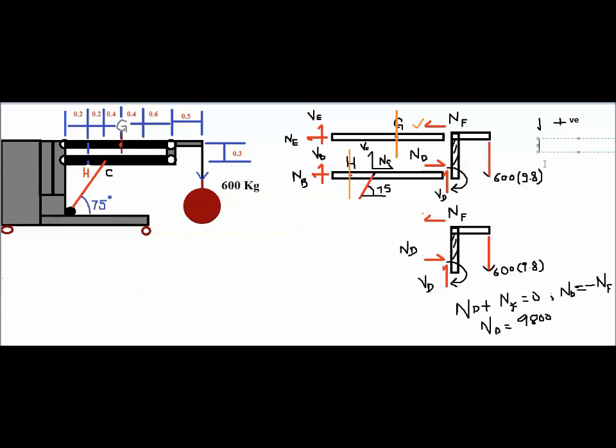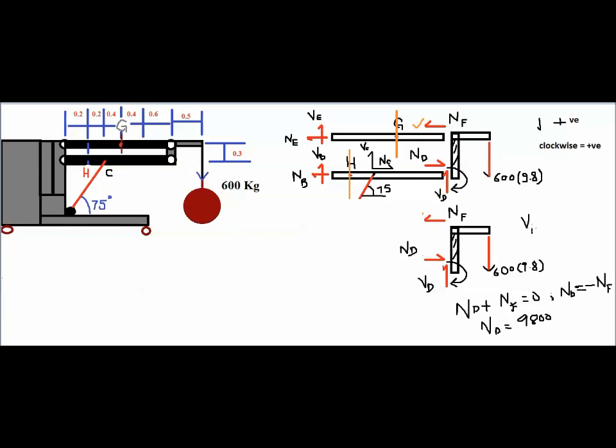Clockwise is equal to positive. Okay, the opposite is negative. So we have a downward as positive, and therefore VD will be equal to negative that much.